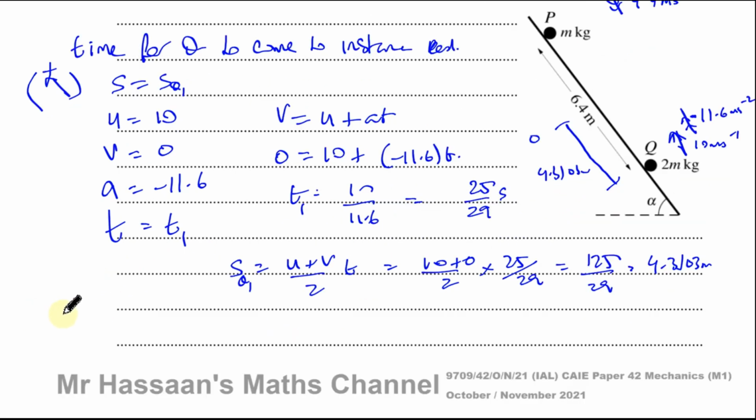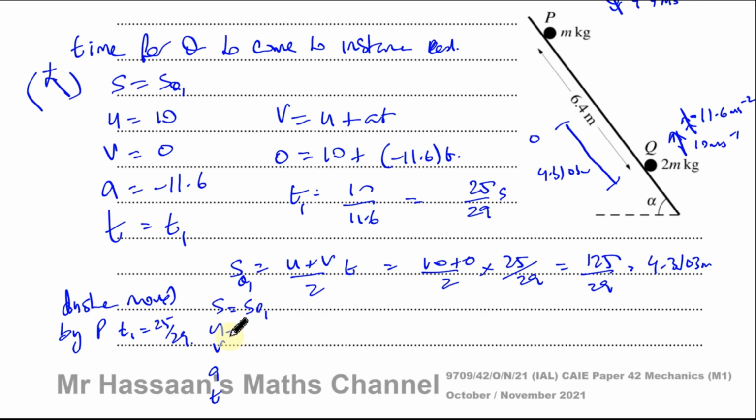We're going to consider P now. So how far does P move? The distance moved by P in time T1, which is 25 over 29. So for P, we have SUVAT. We want to find SP1.